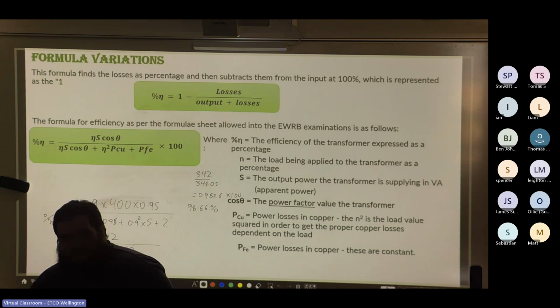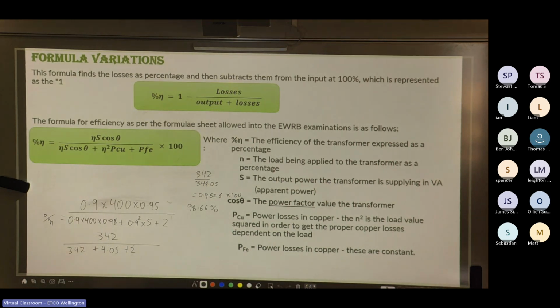Is that making sense to people? Because cosine of the angle is already the power factor. If we think back to our Pythagoras with our power factor, when you did AC theory, capacitive and inductive reactance, your power factor is the cosine of the angle. So cosine theta has already been calculated because we've got a 0.95 power factor.